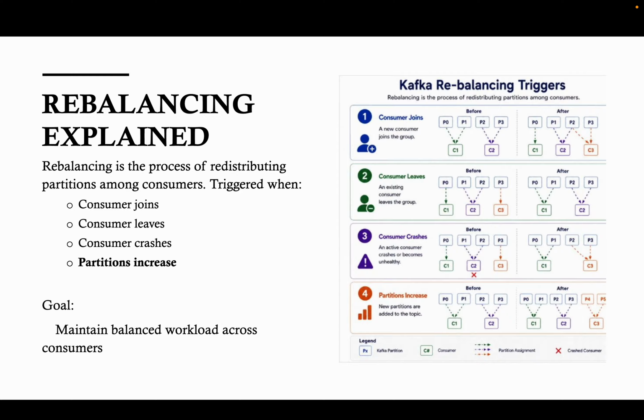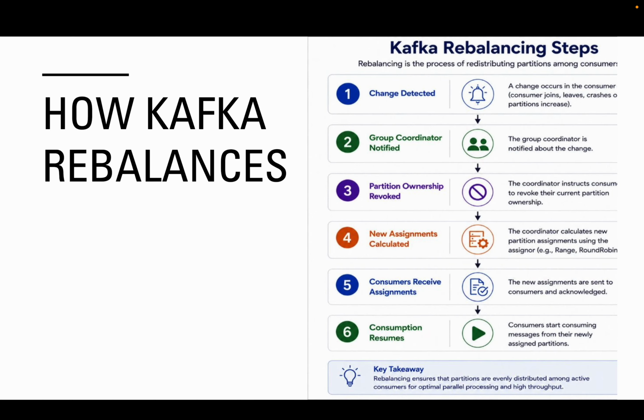But let's understand these rebalancing events, and then I will tell you why this rebalancing is a double-edged sword. It could act in our favor, but it could act against us also.